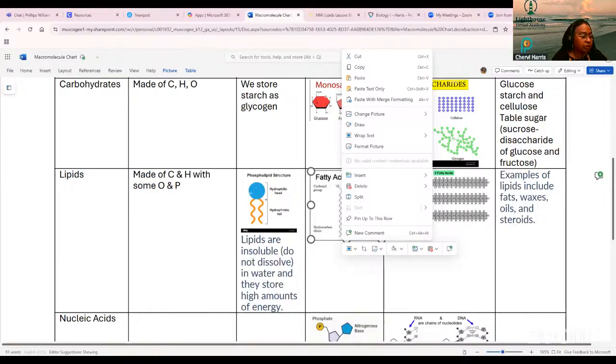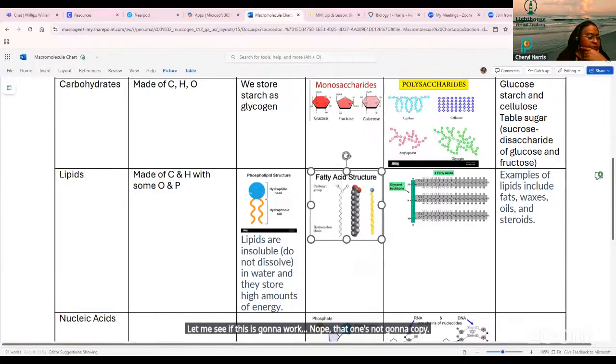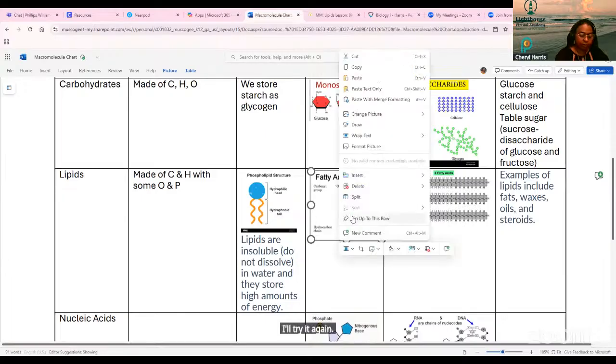let me see if this is going to work. Nope, that one's not going to copy. I'll try it again. Might have to go on Google to get another copy of this.